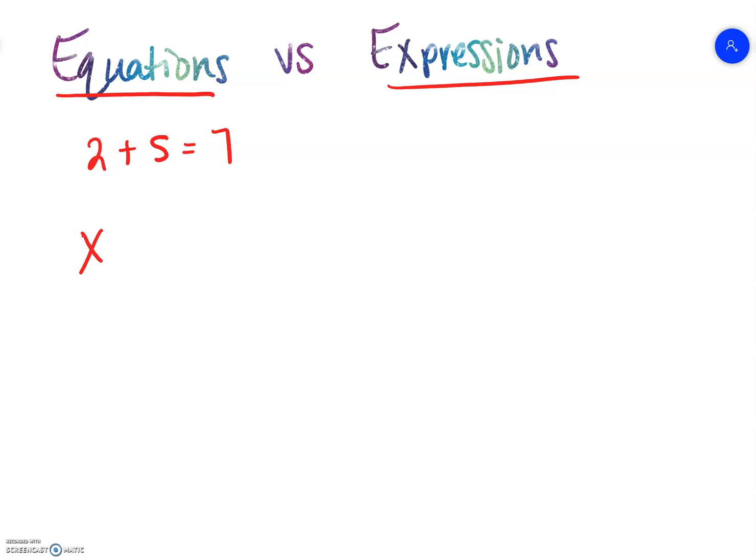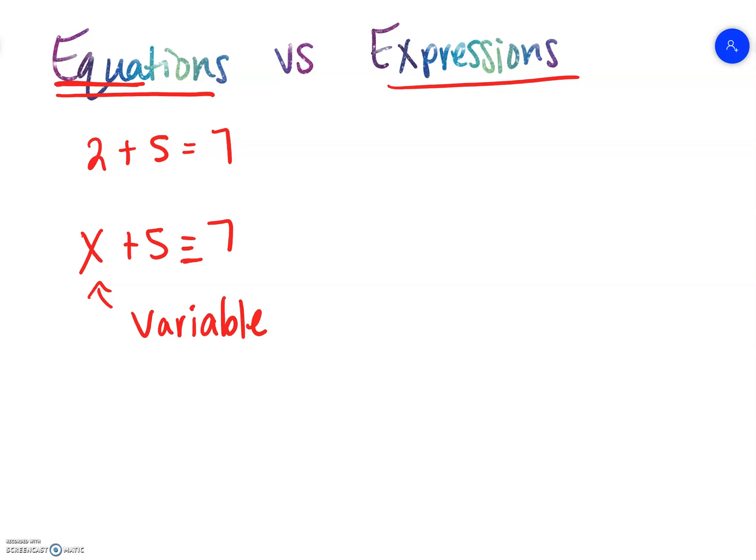So we would have x plus 5 equals 7. That x is called a variable, and we'll talk about that here in a little bit. So an equation has an equal sign. You can remember that by that equal.